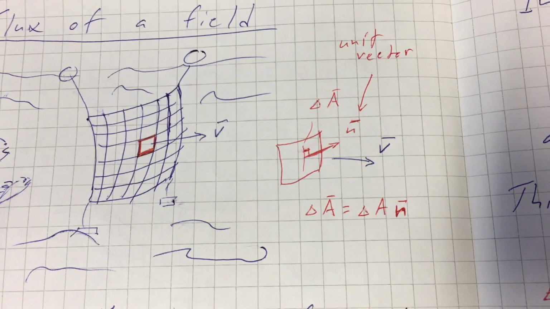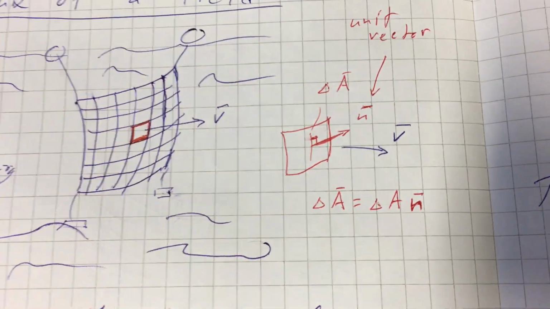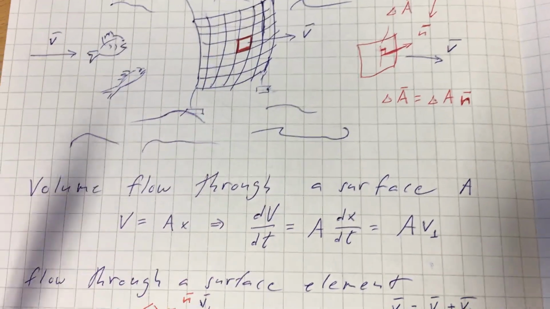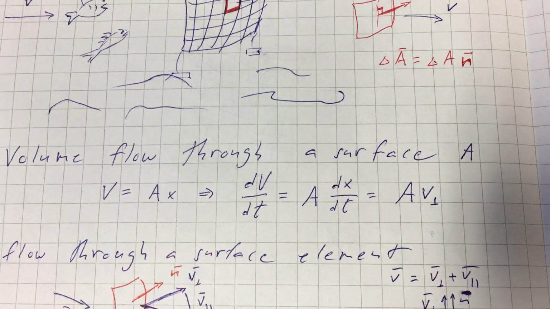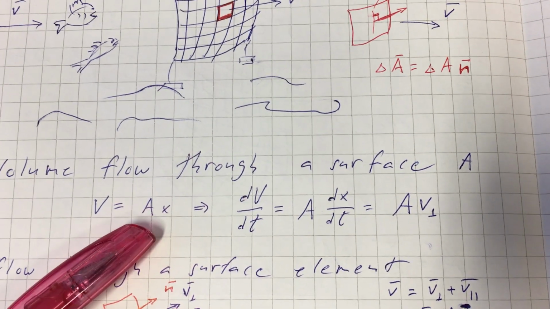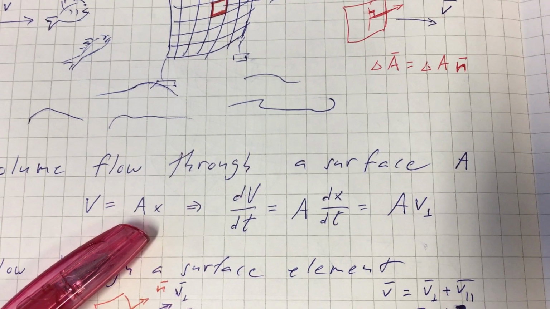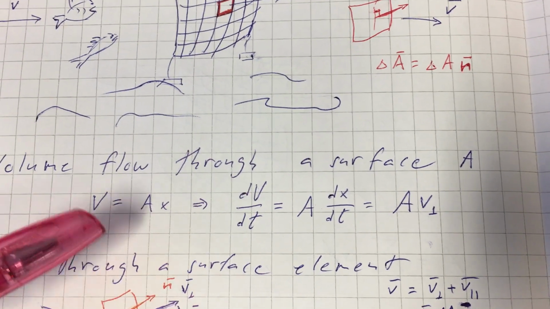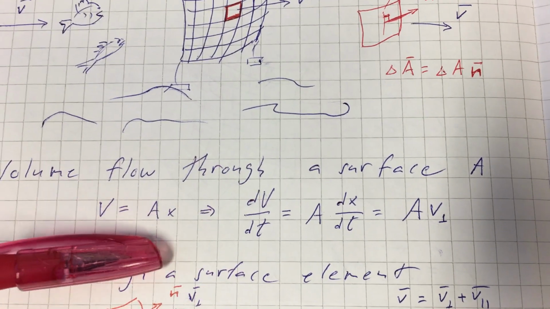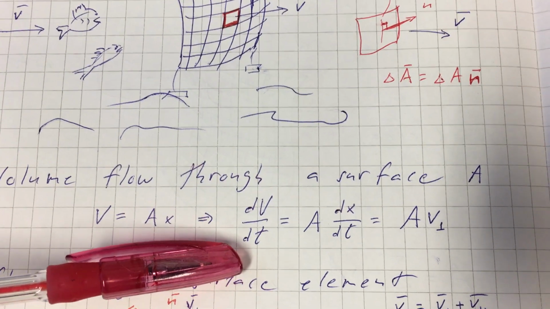And so if we look at the flow of water through these small elements, we start from volume flow, and volume is cross-sectional area times distance in the direction perpendicular to the surface, so the time derivative.